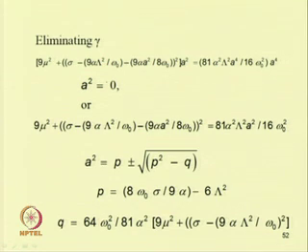In this closed form solution one can see this is a square and the right side is a fourth, so one can take this a square term common. That means some term into a square equal to 0. So, for steady state after eliminating gamma, either a square equal to 0 or this term equal to 0.